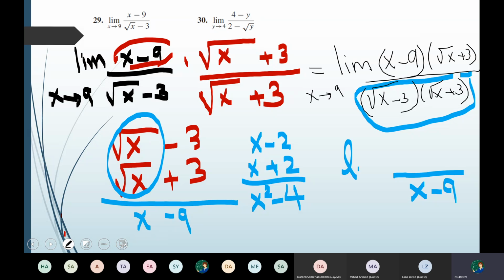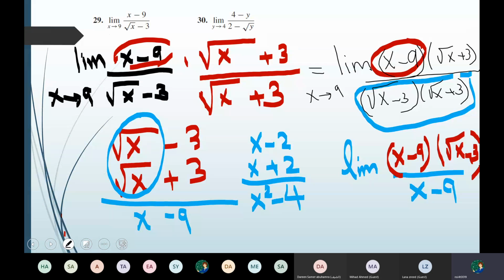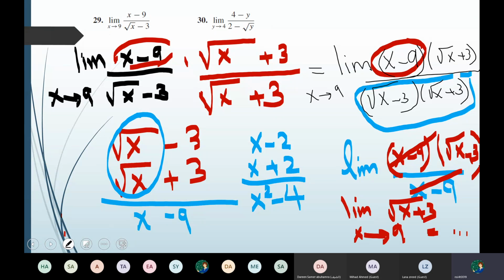Now let's go up. Up here, we have an x minus 9 and square root of x plus 3. The x minus 9 cancels each other. So I will get now the limit of square root of x plus 3 when x approaches 9, and you will continue.